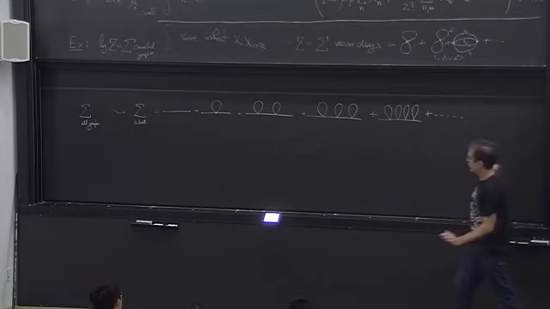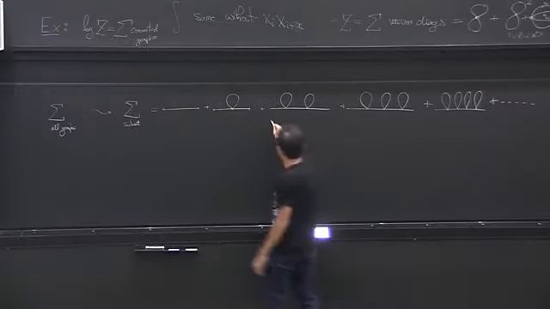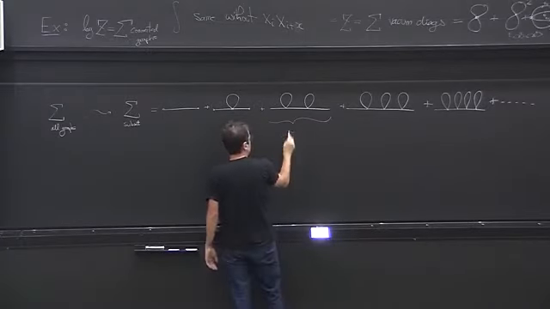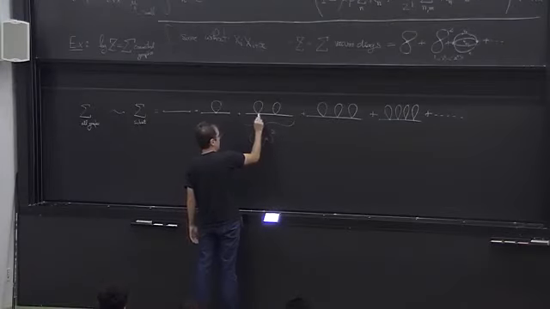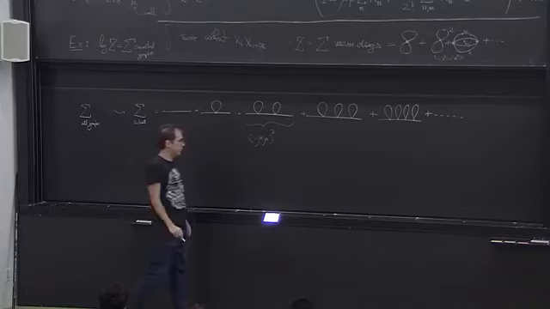Now, these are not all the graphs, because this graph comes with a minus beta mu squared from these 2 vertices.